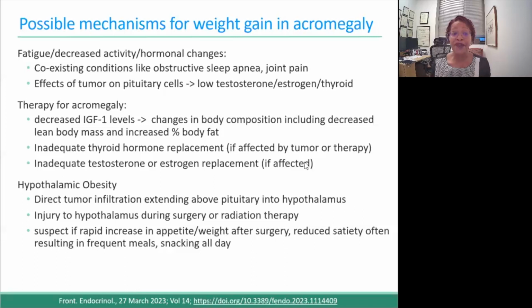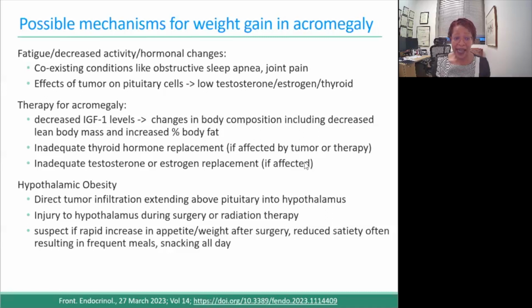Also, just the treatment for acromegaly can ultimately lead to increased levels of body fat. So we know that once IGF-1 levels are decreased after therapy, whether that's with medication, surgery, radiation, there are changes in body composition. So there's a decrease in lean body mass or lean muscle mass and an increase in percent body fat.